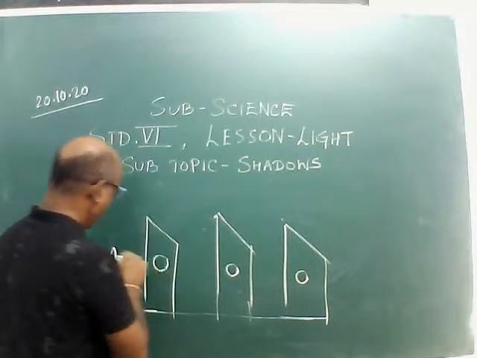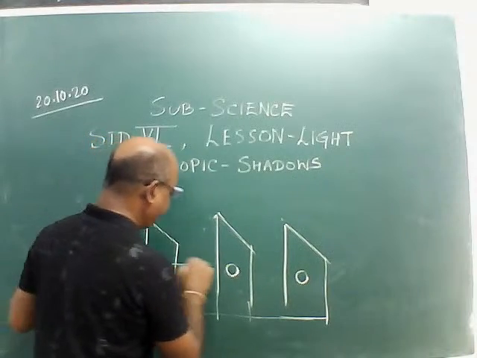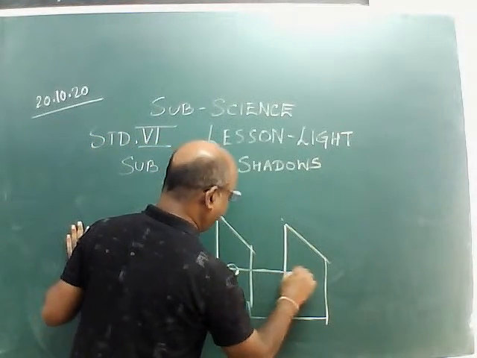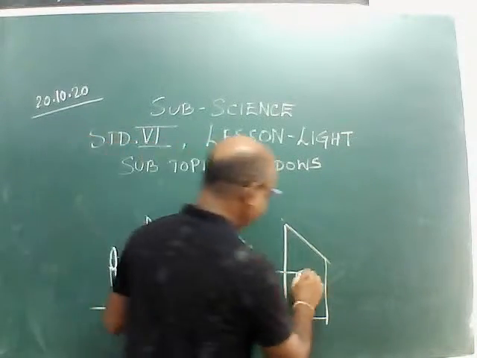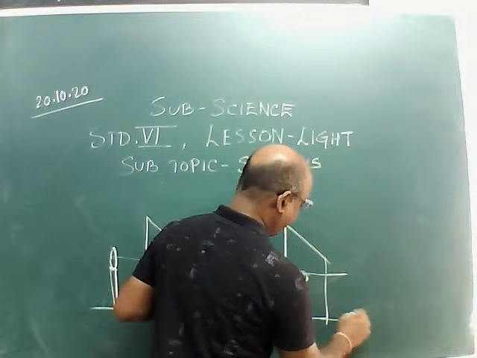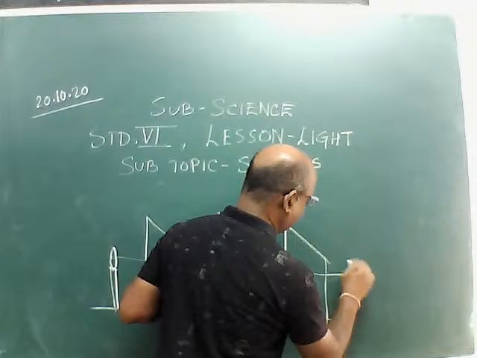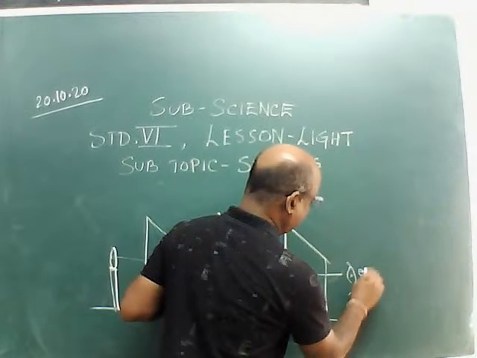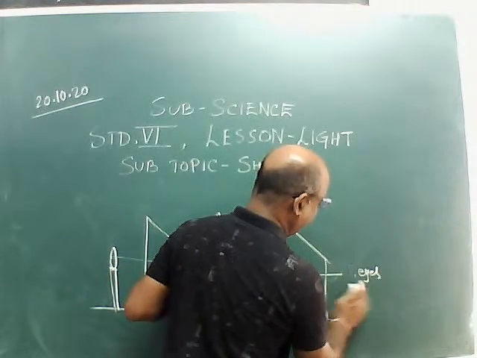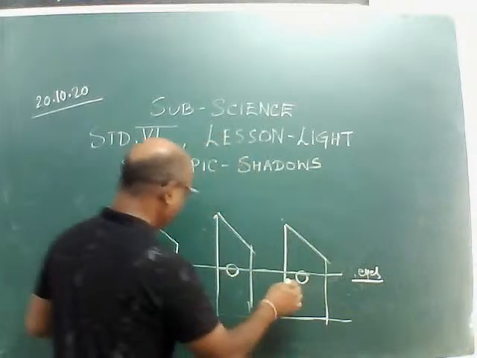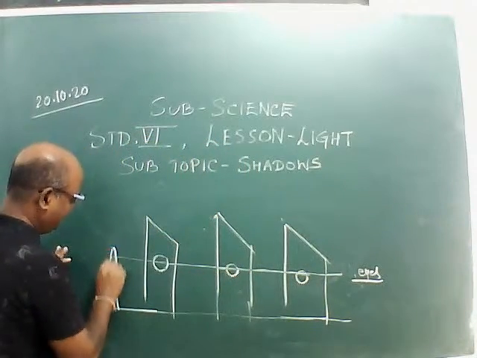Now all these centers are in a straight line. So light will pass through the straight line, and here you are seeing through your eyes. Okay, so what will we find? You can see this flame.